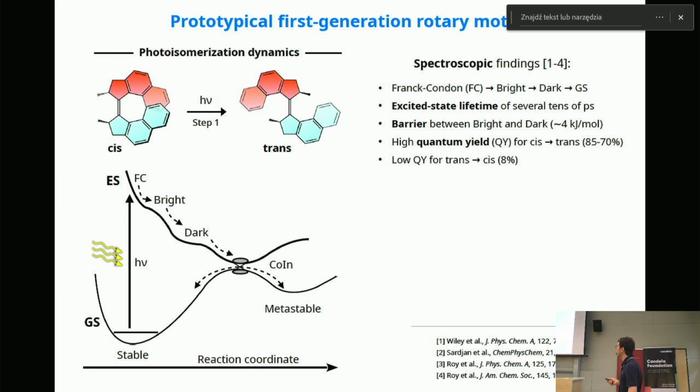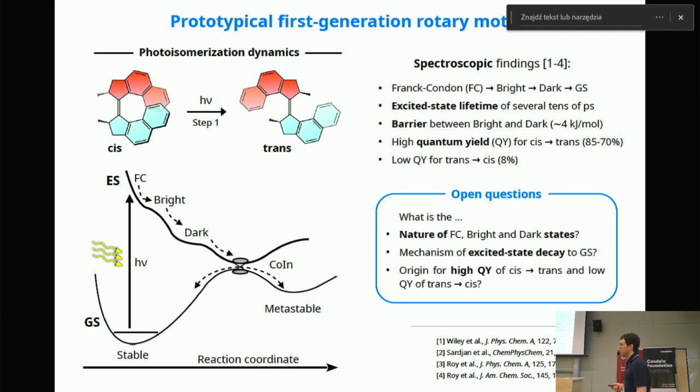This rotary motor was investigated by spectroscopic techniques, and it turns out that after the photoexcitation, we have a fast relaxation of the Franck-Condon bright state to a second bright state with a reduced emission rate, which is then converted to a dark excited state, which then decays to the ground state. But there are still several open questions.